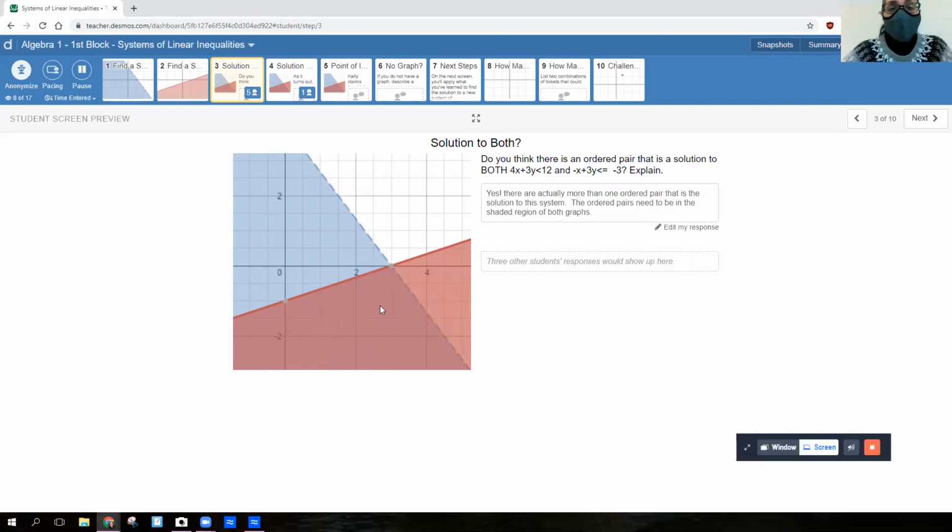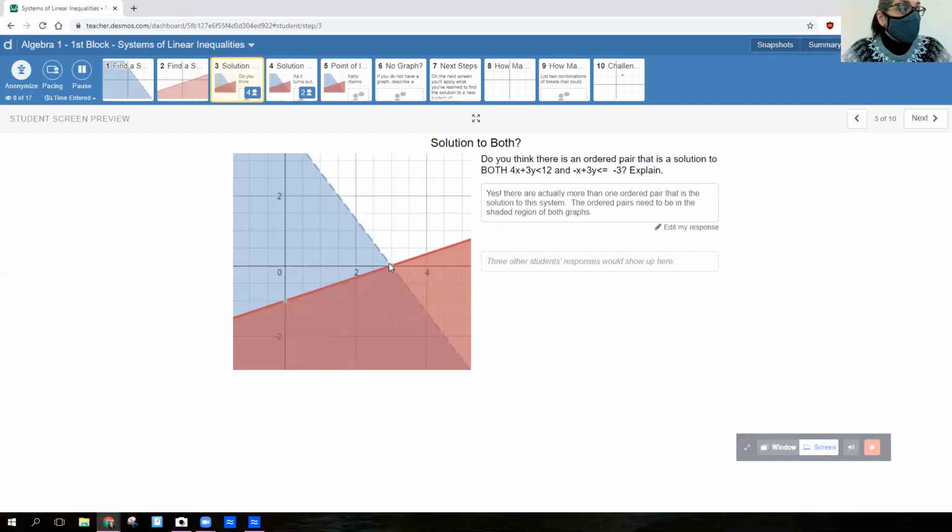I was kind of hoping that would turn a pretty shade of purple, but unfortunately, Desmos, I guess if you imagine it being purple. I was just really hoping it would turn purple. But it's where both graphs' shaded regions overlap each other. So your solutions are all down here.